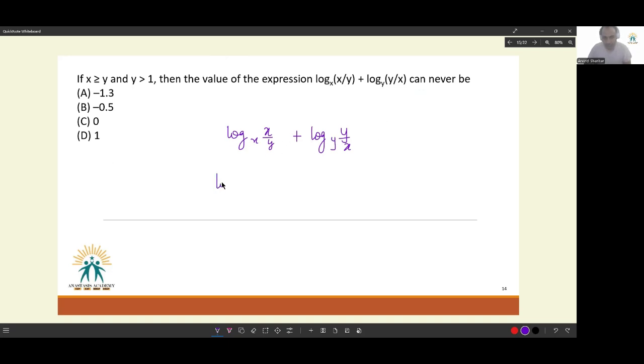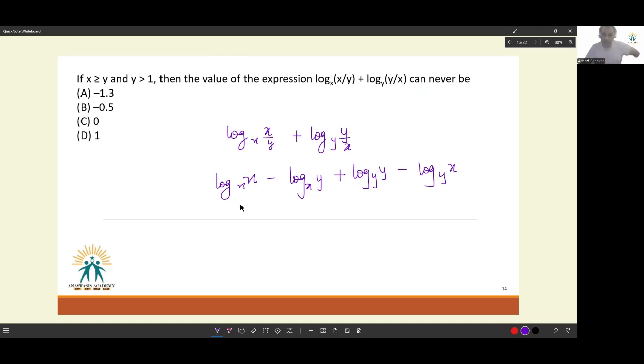I will get log x to the base x minus log y to the base x plus log y to the base y minus log x to the base y. This we have.